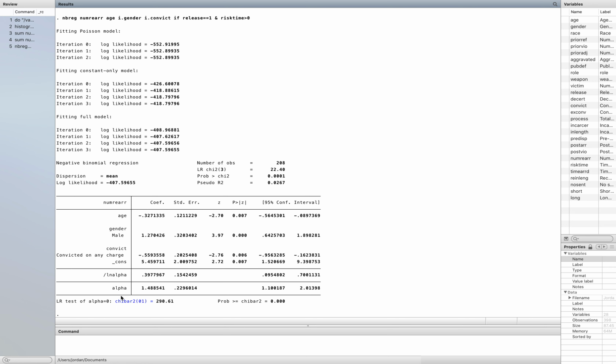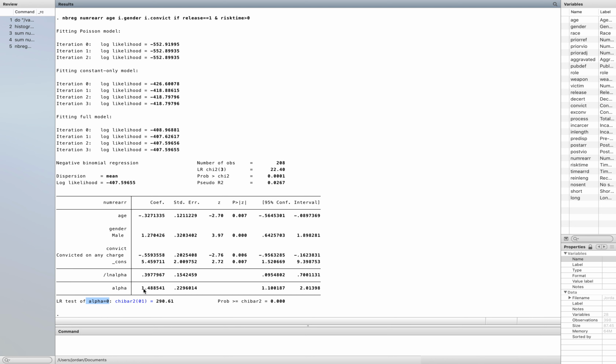So what this test below does is test whether or not alpha is equal to zero. That's the null hypothesis. If alpha were equal to 0, it's saying the mean and the variance are equal, because that's the assumption of a Poisson.